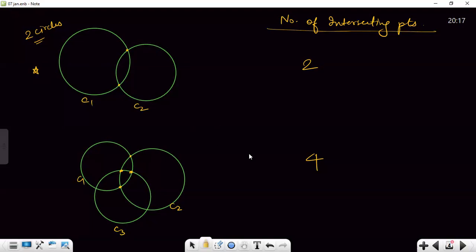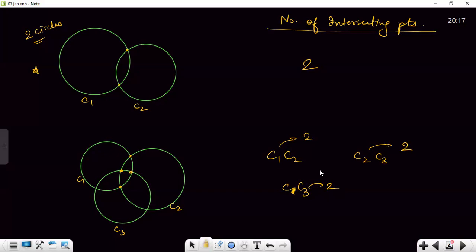Using the same analogy in the second case, C1 and C2 will have two intersecting points, C2 and C3 will also have two intersecting points, and C1 and C3 will also have two. So the fundamental that we can conclude here is that with every two circles intersecting with each other, there will be two intersecting points.